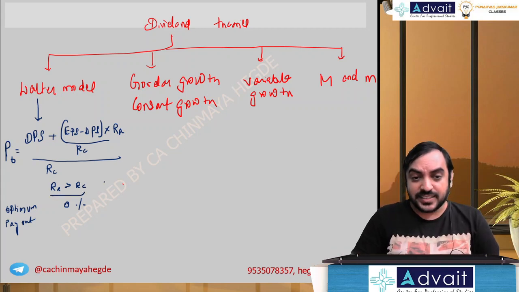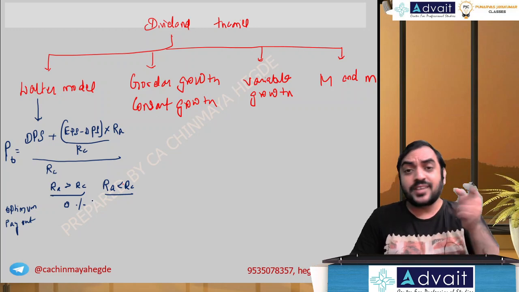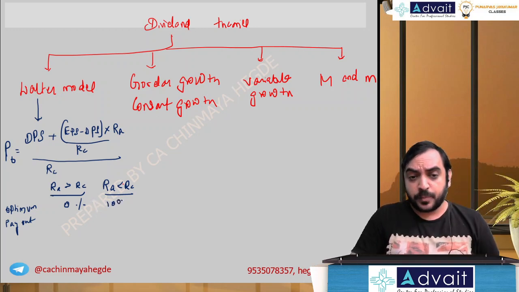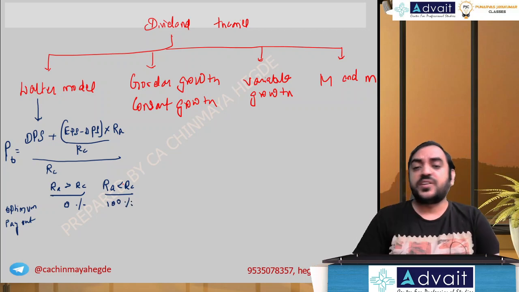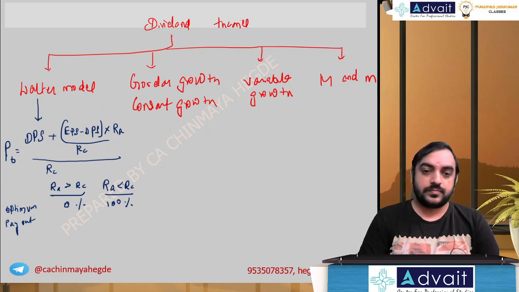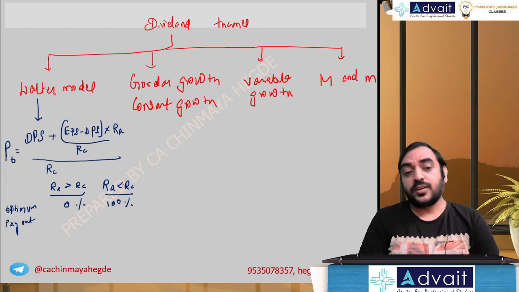Whereas if RA is less than RC, then he recommends you are not meeting shareholder expectation. Give back everything to them. The payout ratio is 100%. That is the Walter model. His opinion, of course.